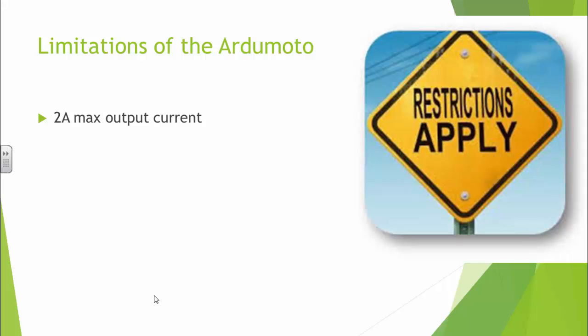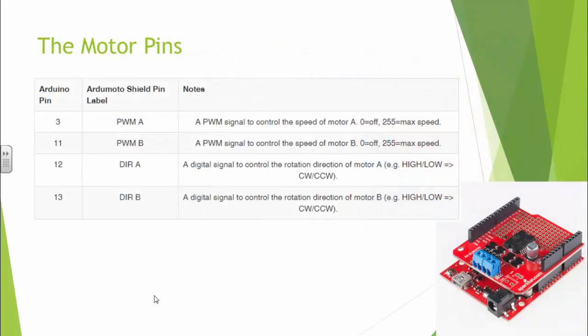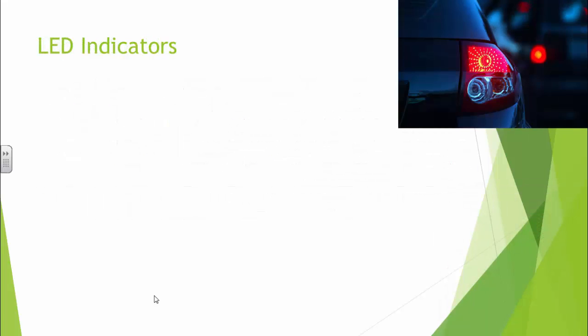The limitations of the Ardumoto: 2 amps maximum output current, 8 volts maximum potential in. And of course, if we want to run 2 amps, we need to make sure that our power supply can support that. In terms of the pins, all of this is in the SparkFun documentation, so that's no big deal.